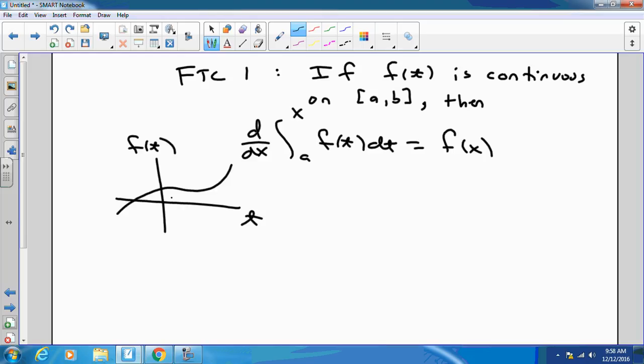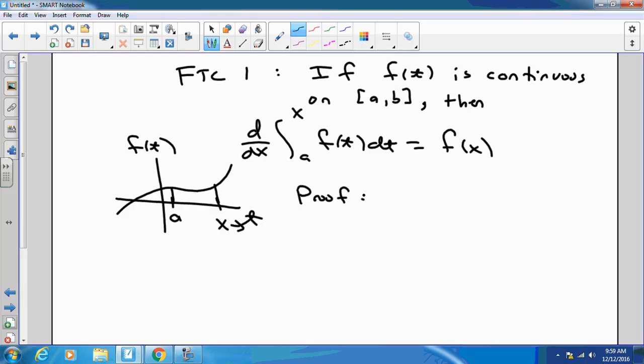Picture first. And the picture is that I have a fixed point A, and I now have a point X that I'm moving out to. So, I want to compute the rate of change here.